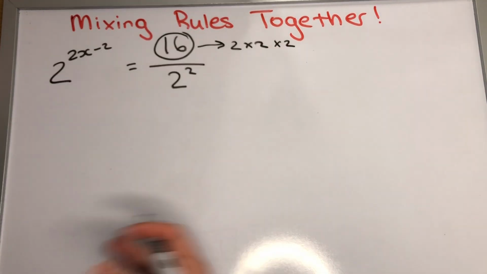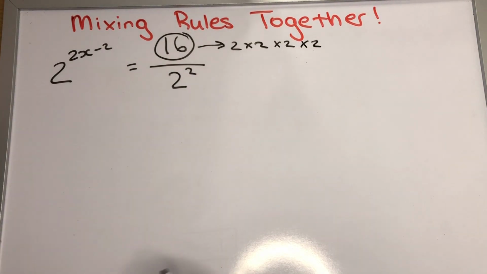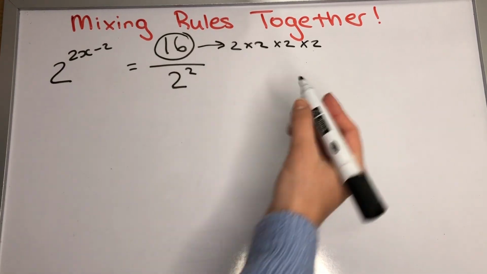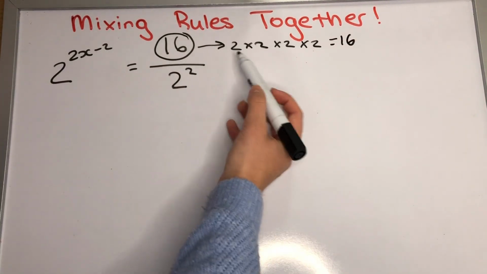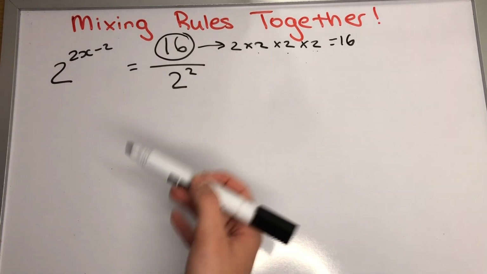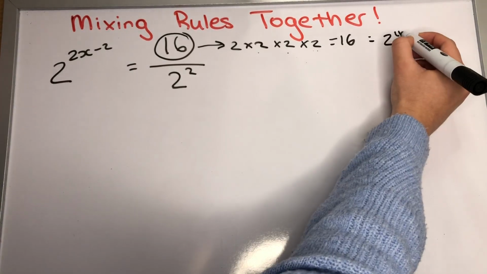Well, that's not 16, so we'll just add another 2. So 8 multiplied by 2, that's 16. So we got 16. How many 2's did it take us to get to 16? Well, it was 1, 2, 3, 4. So that means 16 is the equivalent of 2 raised to the power of 4.